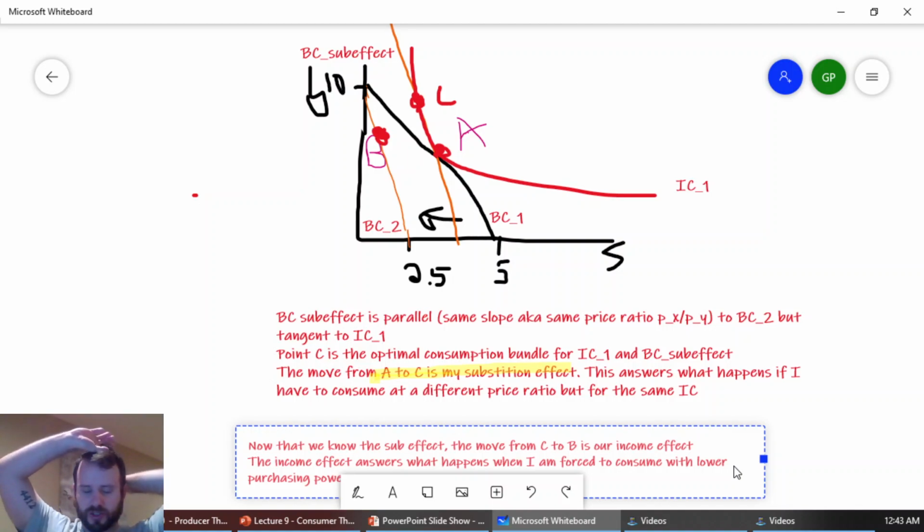Okay, so we're moving down the budget constraint to the actual budget constraint BC2. Okay.